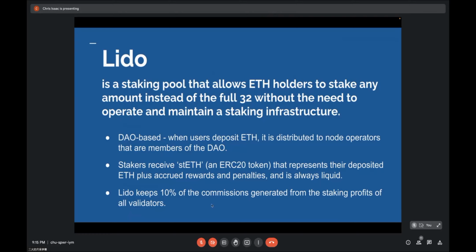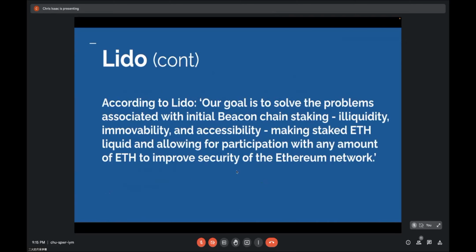As a fee for all of this, Lido is going to keep 10% of the commissions generated from the profits of the validators. So pretty standard stuff there. This is right from Lido's website.